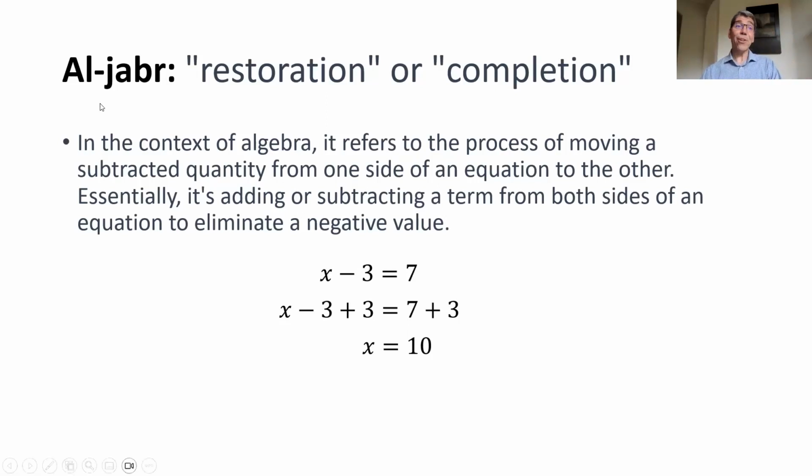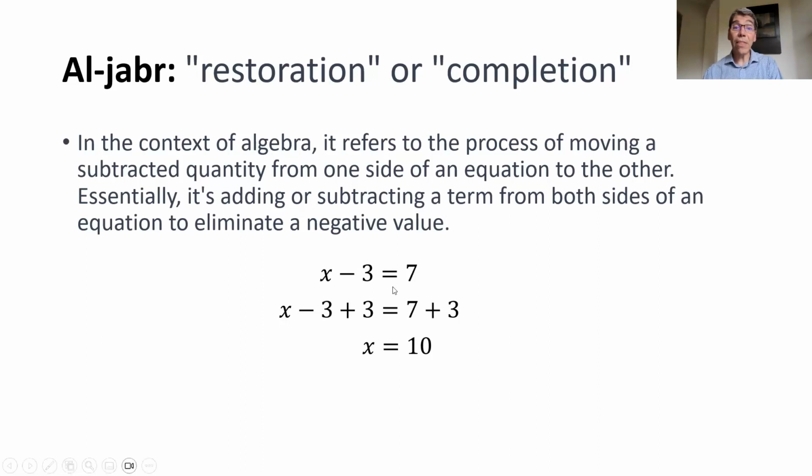And the method of algebra, of restoration and completion, basically says do the same thing on one side of the equation as you do on the other side, and then you maintain the equation. So in this case, in order to get the x all by itself, we are going to add plus 3 to both sides of the equation.